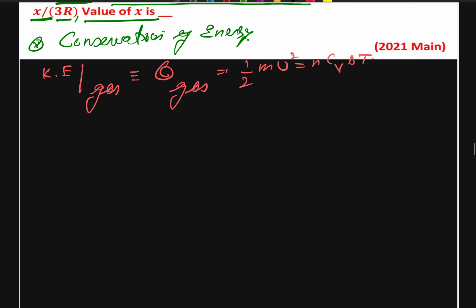So we can write this as half m V square.